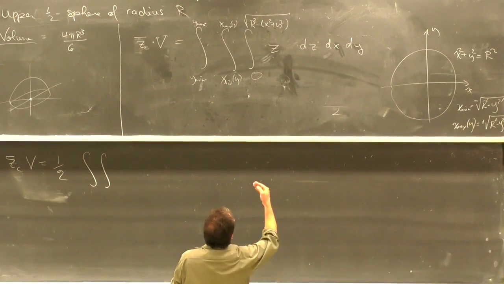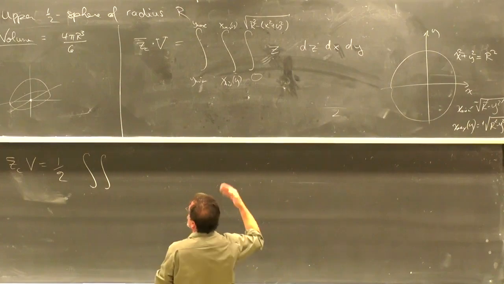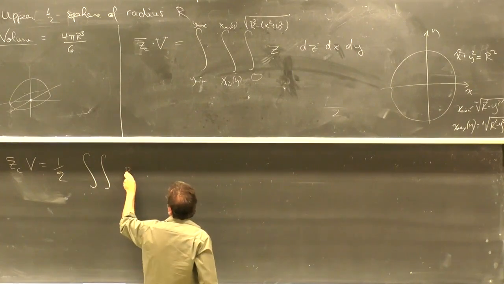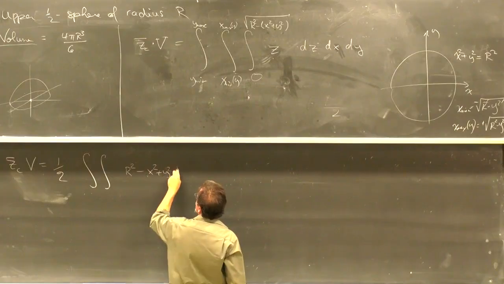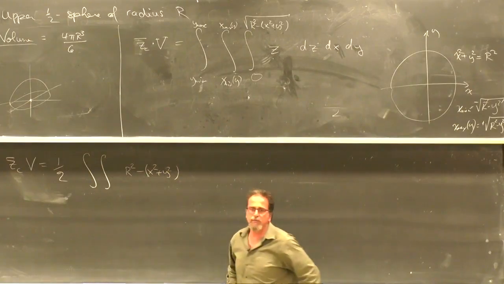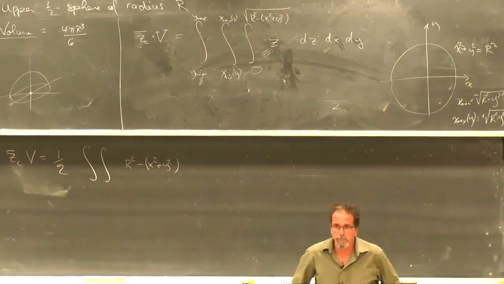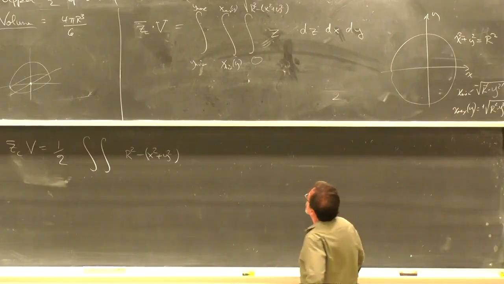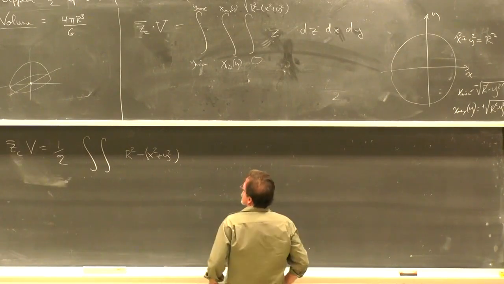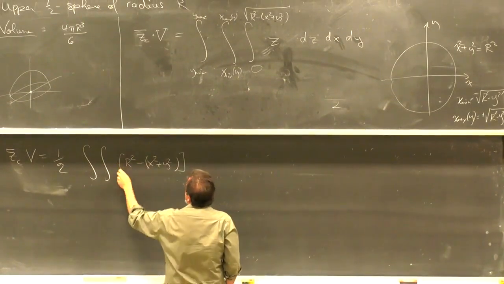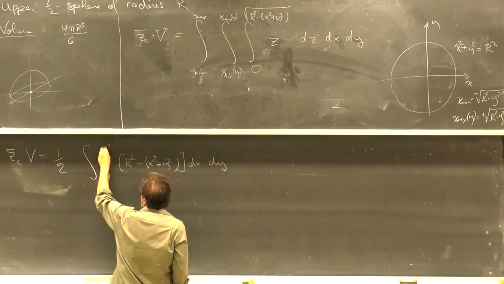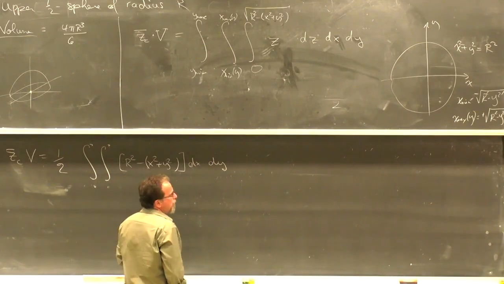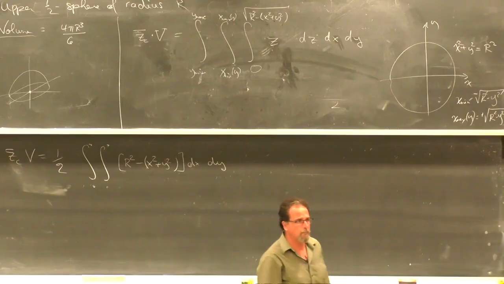It's z squared over 2 evaluated at the upper bound minus at the lower bound. So I hope you see that the result is R squared minus (x squared plus y squared). That's the result of the integration, because z squared is evaluated at a square root. And then I have to do the x integration and the y integration, et cetera. I'm not filling in all the details right now.